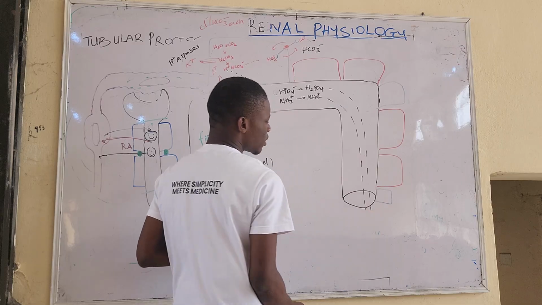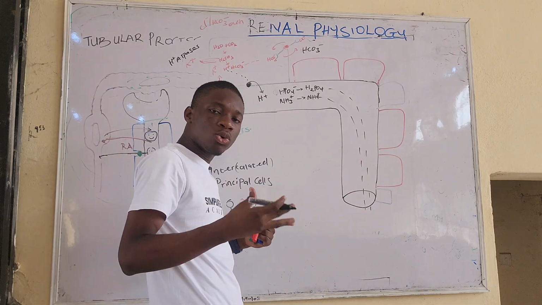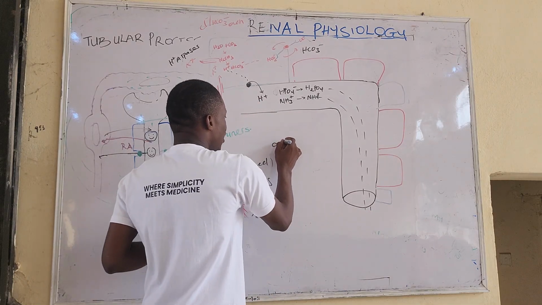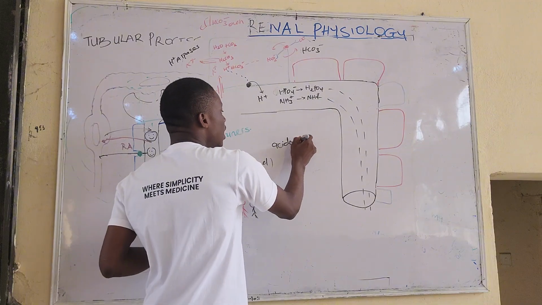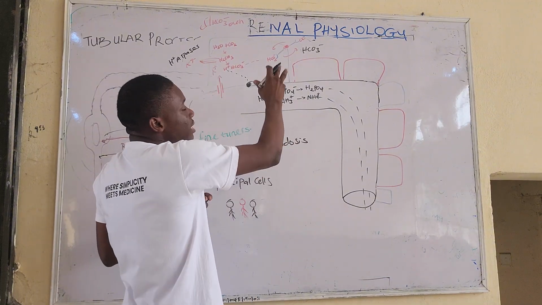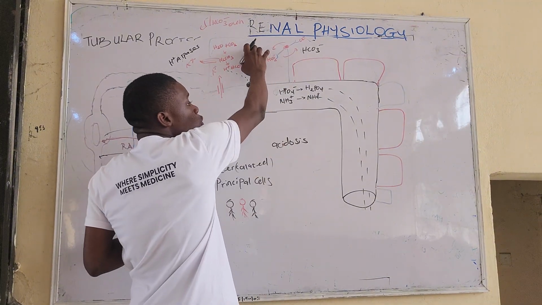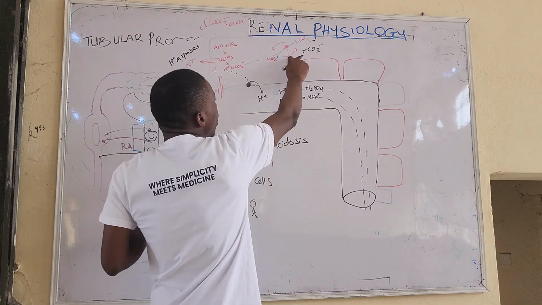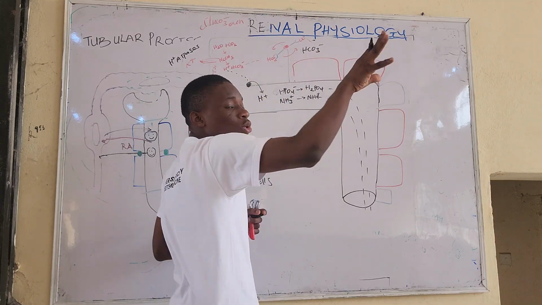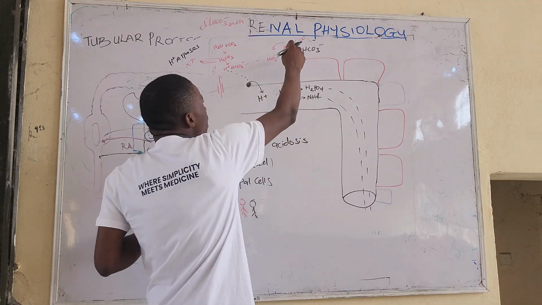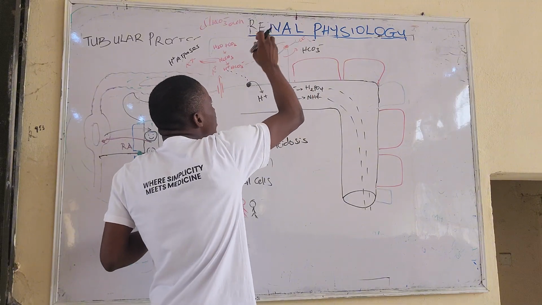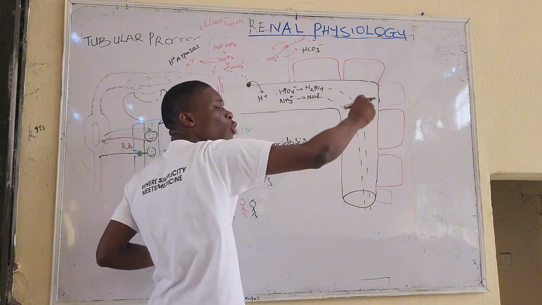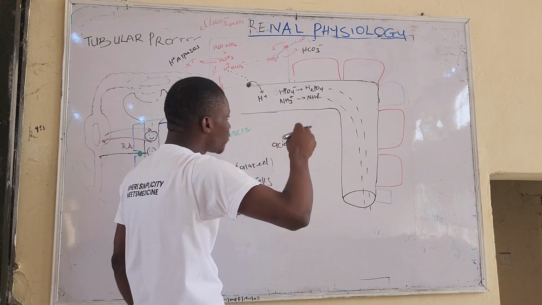One more thing I can tell you is that people in an acidotic state, maybe with any type of acidosis, let's say respiratory acidosis, this pump will work much faster because we want to throw out HCO3 minus to neutralize the acidotic state of the body. So in an acidotic state, this pump will be working very efficiently, very fast.